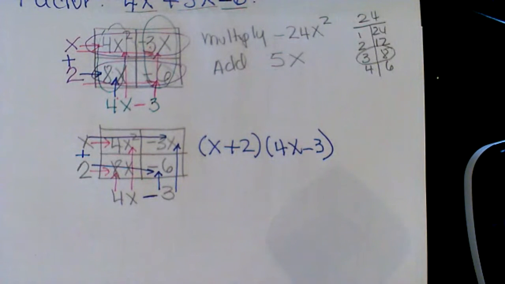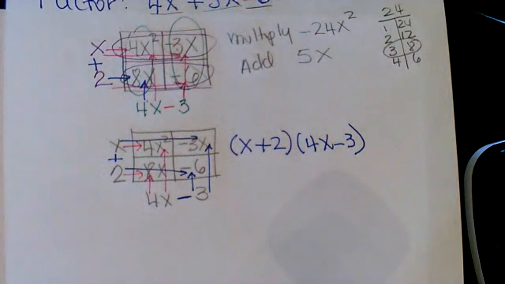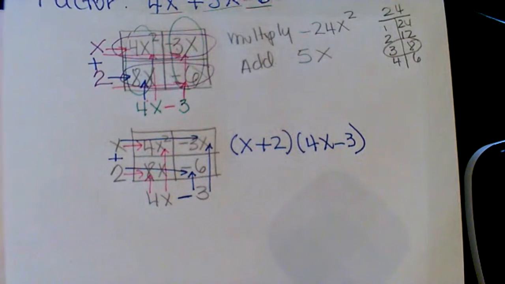Now, let me do a different one. We have an activity. It's 6.2.